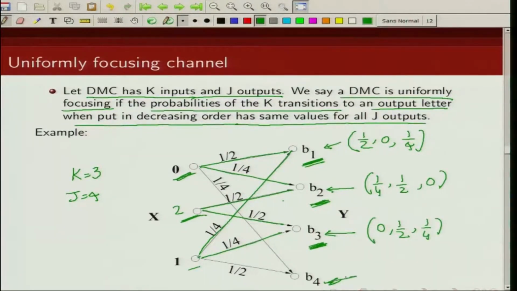And for this last output, the transition probability from 0 is 1 by 4, from this input it is 0, and from this input it is half. So if I arrange all of them in descending order, whether I consider this output, this output, this output or this output, I will get the same.